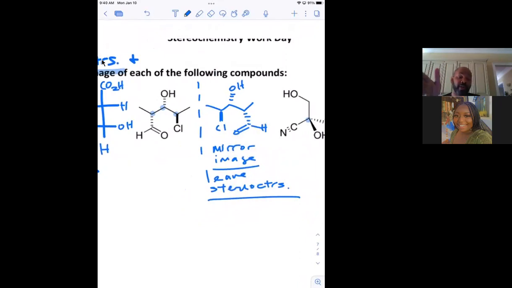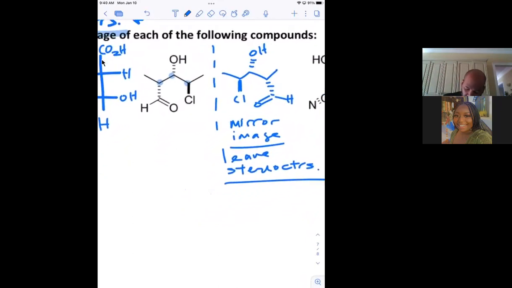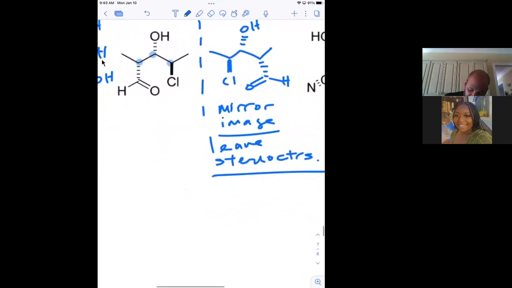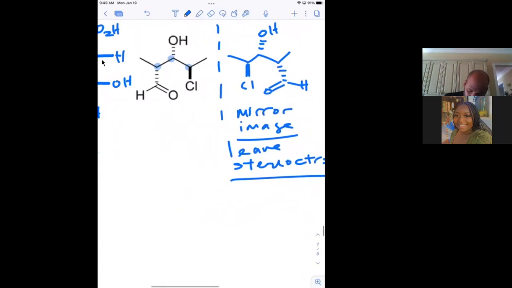I can also draw that same molecule, but rather than drawing it with a mirror plane, I can just duplicate it, but change all the stereocenters. Right, and these 2 images are the same.